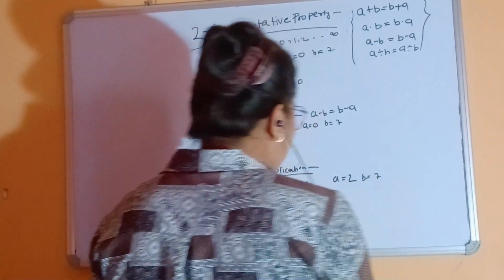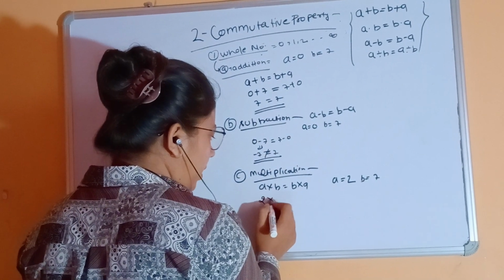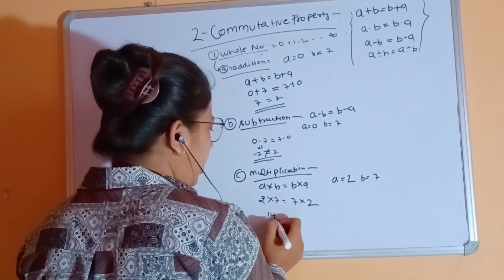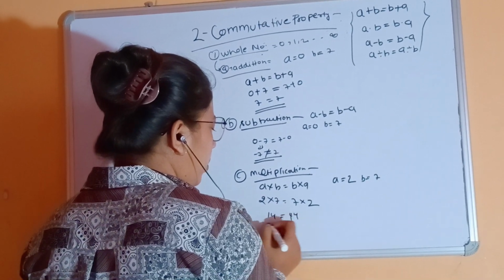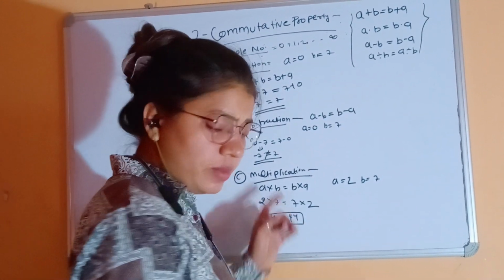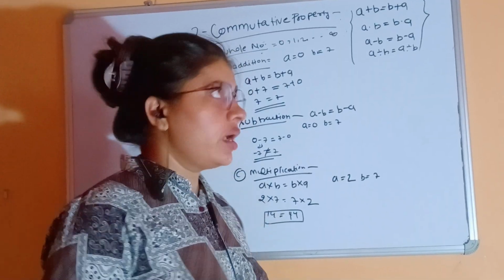So 2 into 7 is equal to 7 into 2, that means 14 is equal to 14. We know here 14 is LHS and 14 is RHS. So that means multiplication is commutative.